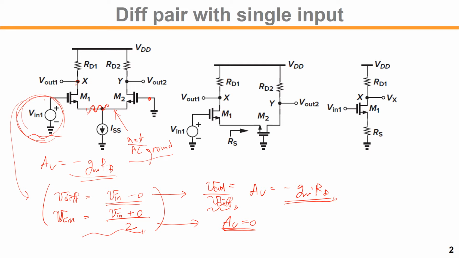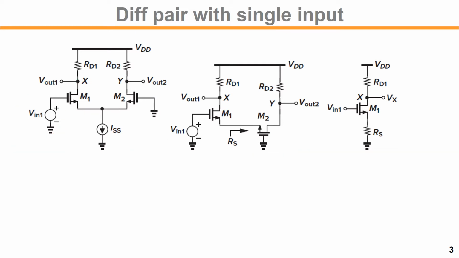This circuit derivation shows some other technique to find the gain of this single-ended differential pair. There's another way of finding the amplifier gain for the single-ended input.